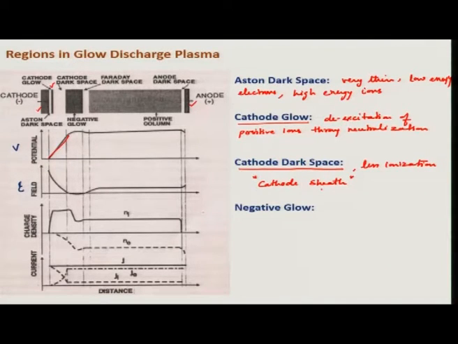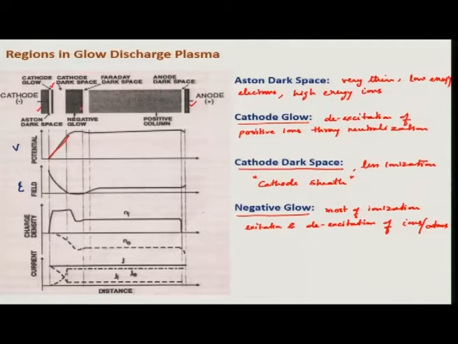The next region is negative glow. In this negative glow, most of the ionization process happens. Most of the ionization of the gas happens in this region, and we have electrons, ions, and excitation and de-excitation of ions slash atoms, okay.